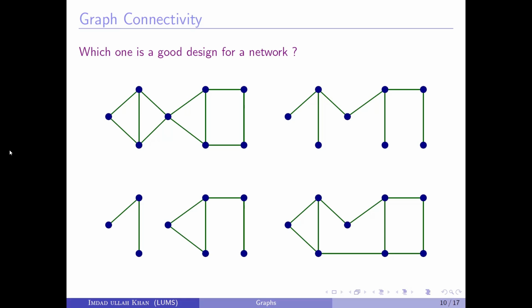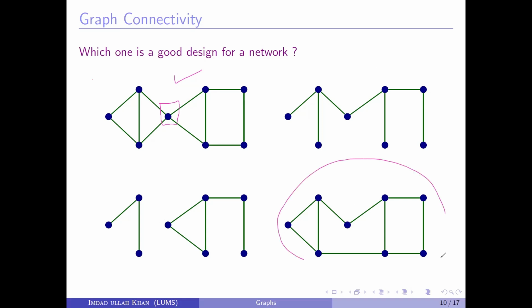So which one is a good design choice in your opinion? If you focus on all of them, can the first one be a good choice? Not really, because if you just remove this vertex, or if this vertex becomes faulty, your network is going to be disconnected. Same applies to the second and third choices.